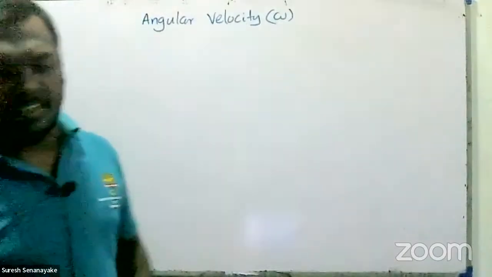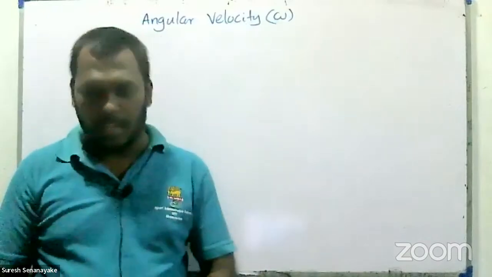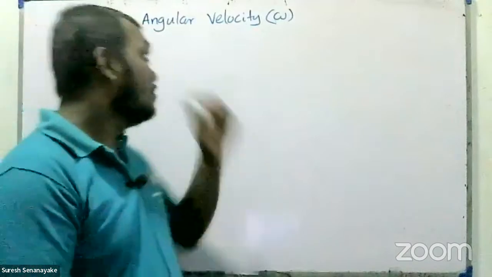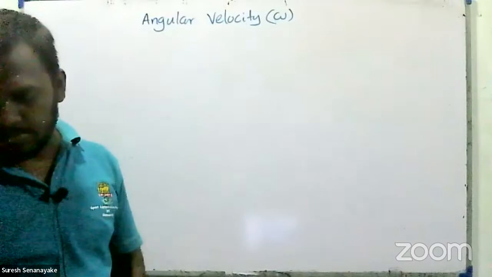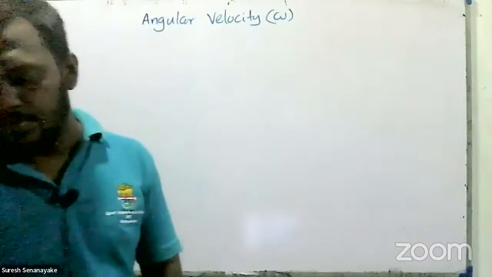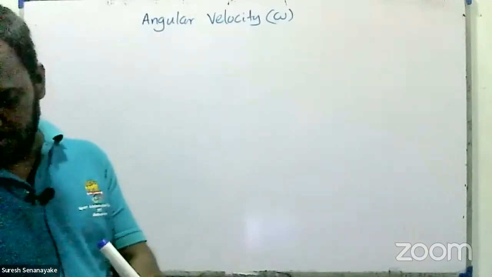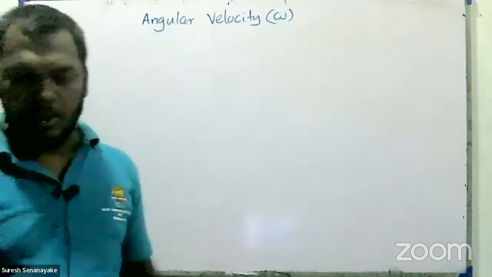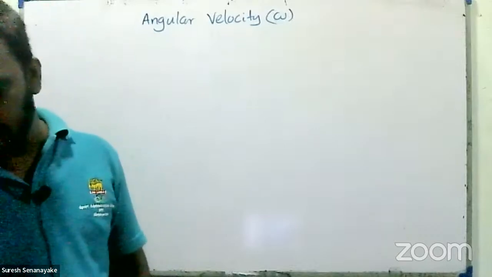So we can consider it as angular displacement per unit time. Angular displacement per unit time is called angular velocity.